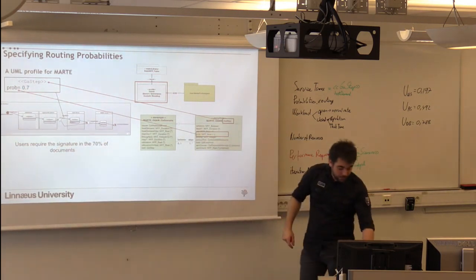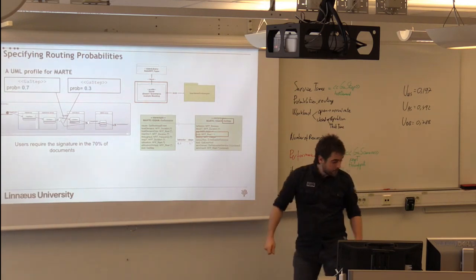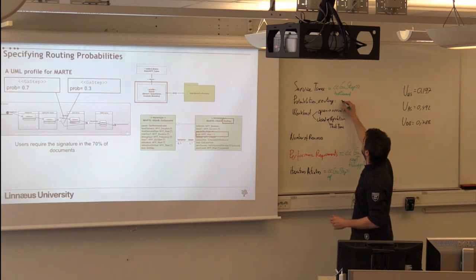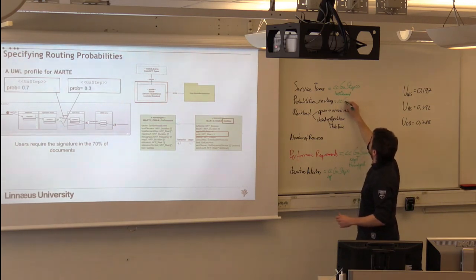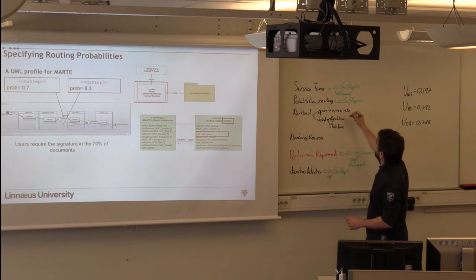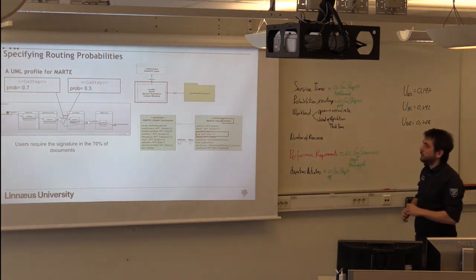And we remember to put the 0.3, the other. So for the probabilities of routing, we will use the stereotype GA step with the tag prob.